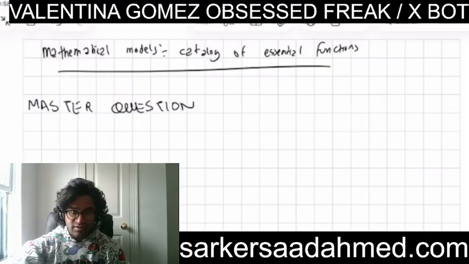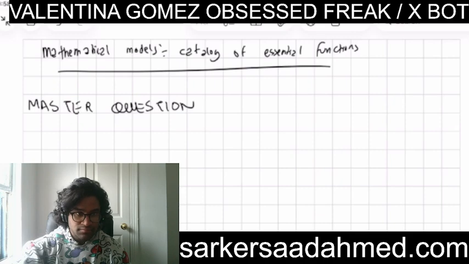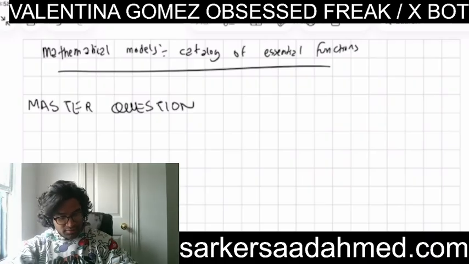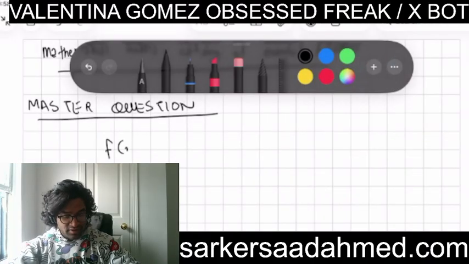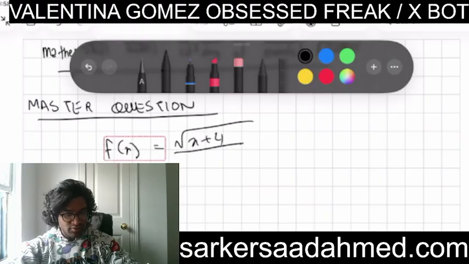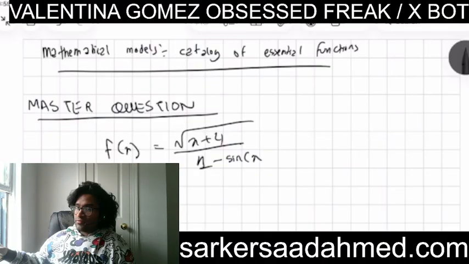I hope now you guys can see a bit better. Increase the brightness so you guys can see. All right. The first question, we have f of x is equal to root of x plus 4 by 1 minus sine x. So we're going to do everything from this question.